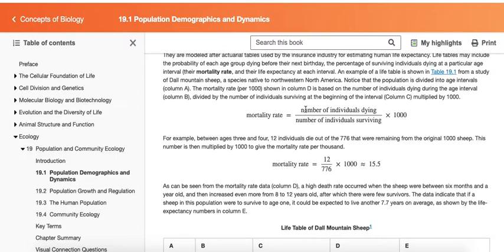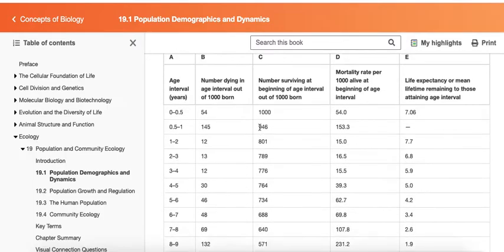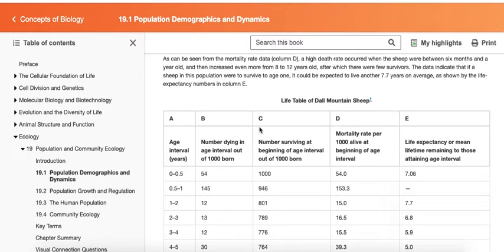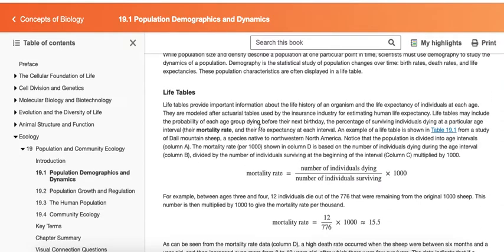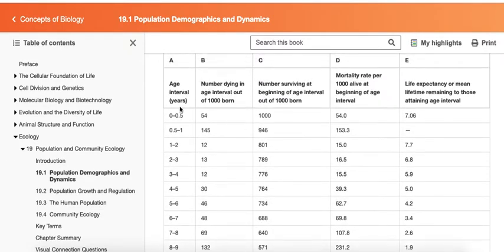You calculate the number of individuals that are dying of a certain species and in a certain area, and then the number of individuals that are surviving, that are still alive, and you multiply that times 1,000, and you get the mortality rate.